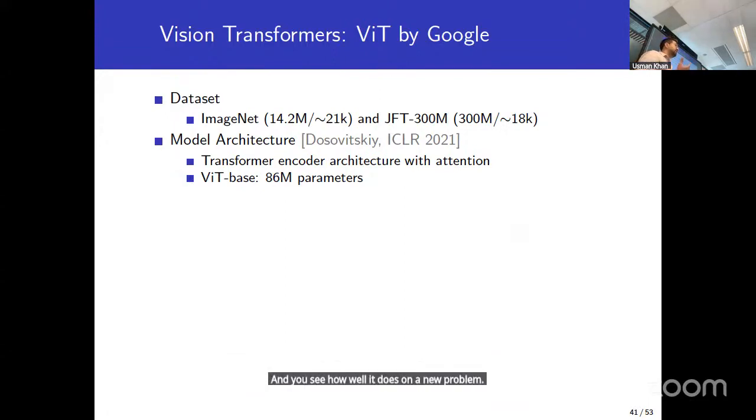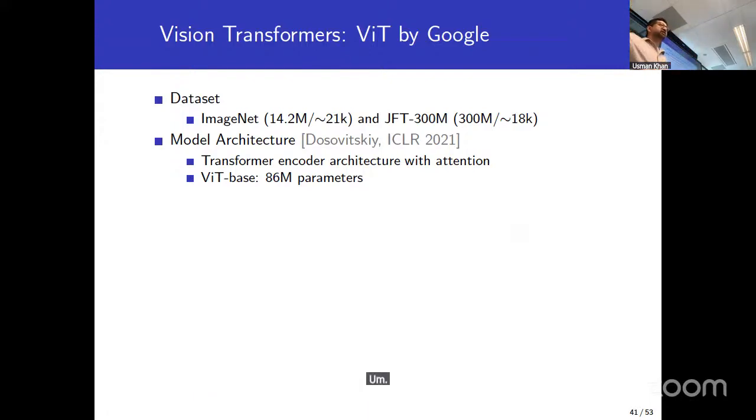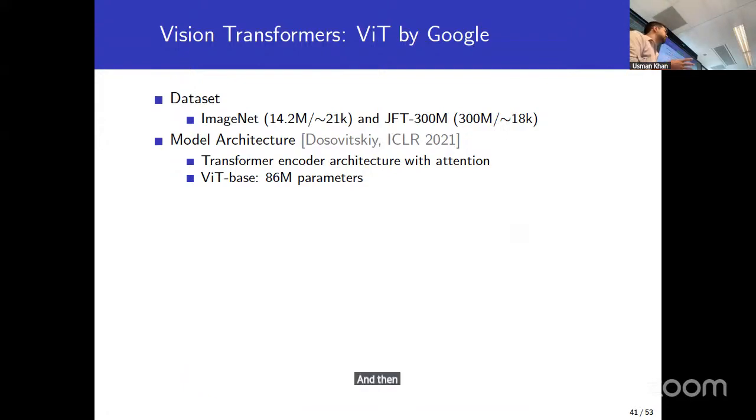For example, the new problem could be CIFAR 100, where your images come from 100 classes. And so you take the output head, instead of predicting 21,000 probabilities, you predict 100, and you see how good the model does. So zero-shot learning would mean that you just slap on a new output head and you see what the model performance is. And then few shot learning is that you just retrain it on a few different examples.